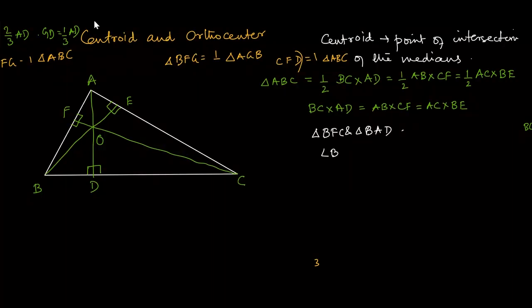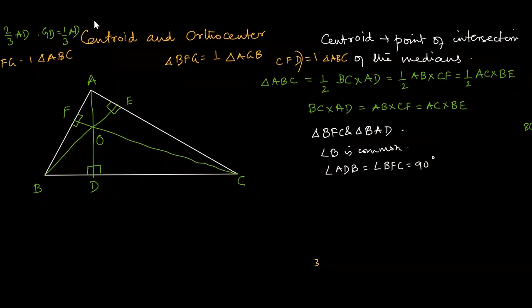Angle B is common, right? Angle B is common to both. Angle ADB is equal to angle BFC, which is 90 degrees.